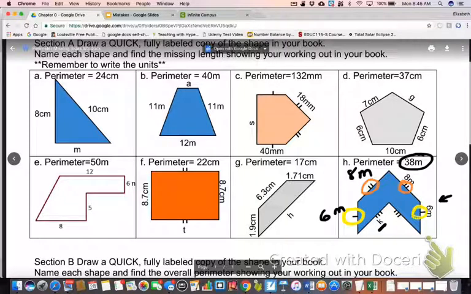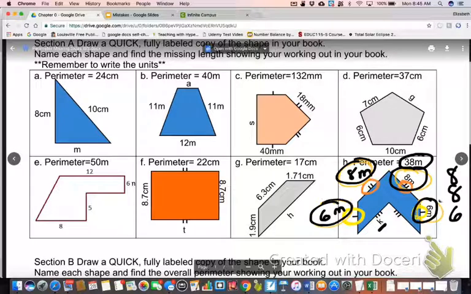So if the perimeter is 38, I'm going to take 38 and subtract from it all the sides that are given to me. If I add all those sides together, I've got 8 meters, then another 8 meters, and then 6 meters, and another 6 meters.